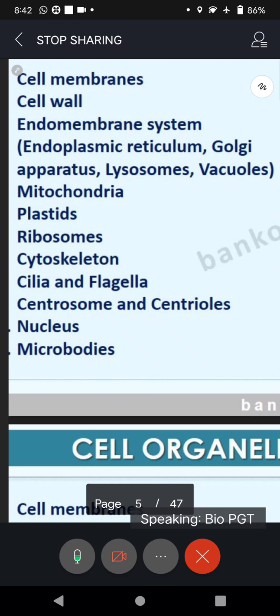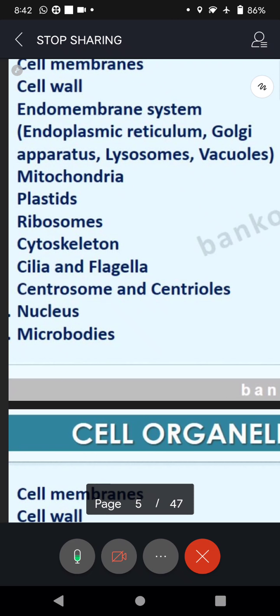ATP is the currency of the cell, just like Indian currency is rupee, isn't it? American currency is dollar. Just like that, our currency is chemical energy, ATP, and that ATP is present in the mitochondria. Since the currency is present inside the mitochondria, they are the powerhouses of the cell.